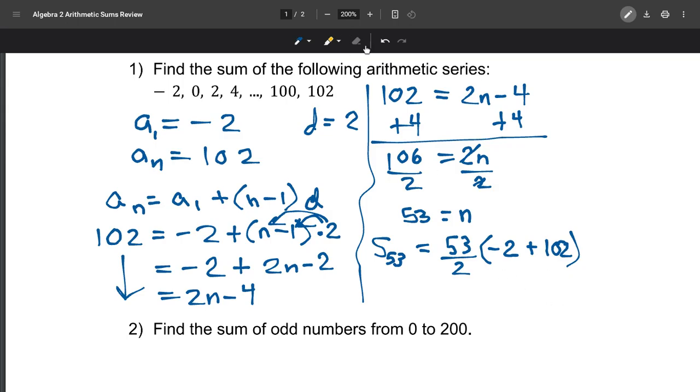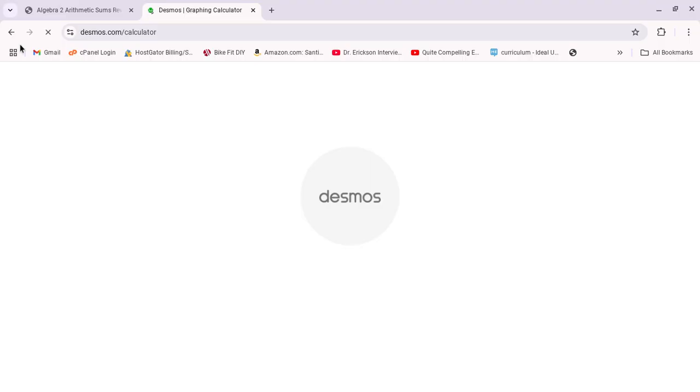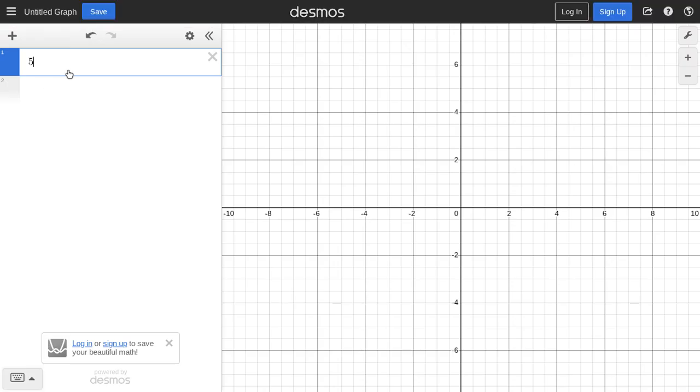Okay, let me fix that 102. Looks kind of bad. Okay, so if I go up here, open up another tab and go to Desmos, I can do 53 divided by 2 times -2 plus 102.